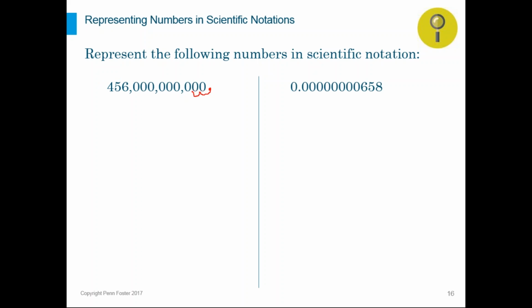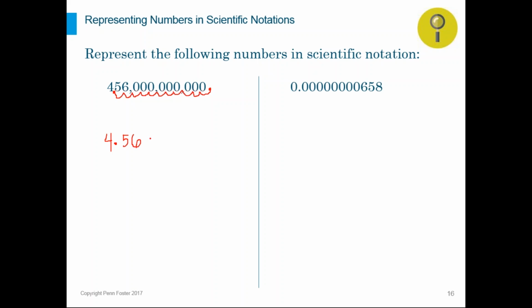1, 2, 3, 4, 5, 6, 7, 8, 9, 10, 11. I'm going to stop at the 11th move because I need one whole number appearing in my scientific notation. So by moving this decimal point to the left 11 places, I'm going to have 4.56.